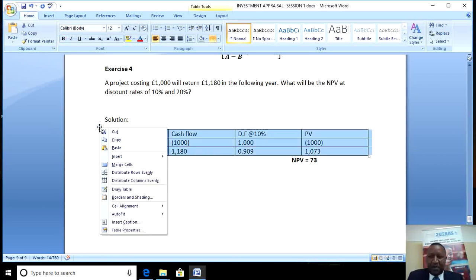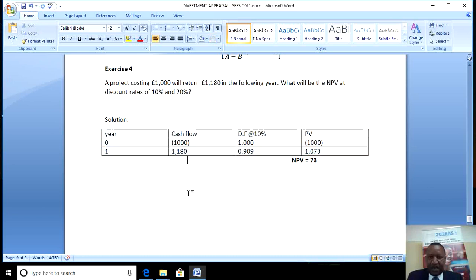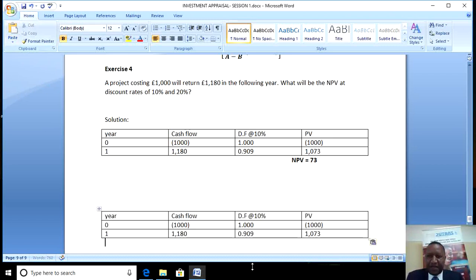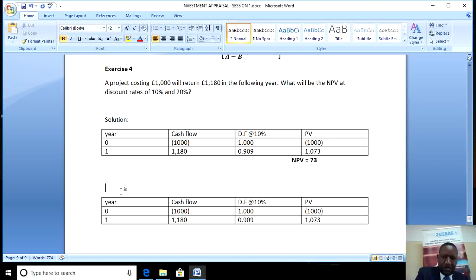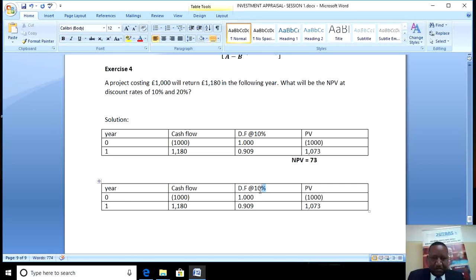So what happens if we consider 20%? So what will be the result at 20%? DF at 20% will be, for year 0 it's always 1, for year 1 at 20% should give you 0.833.